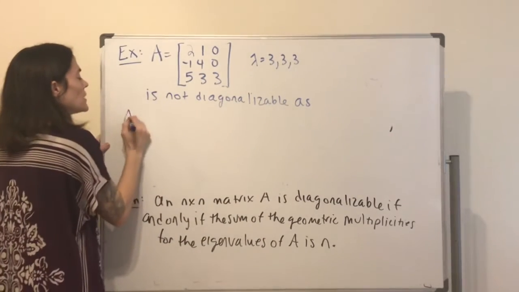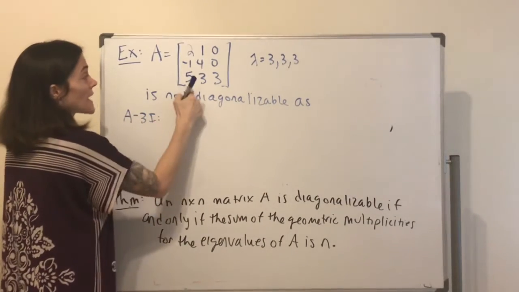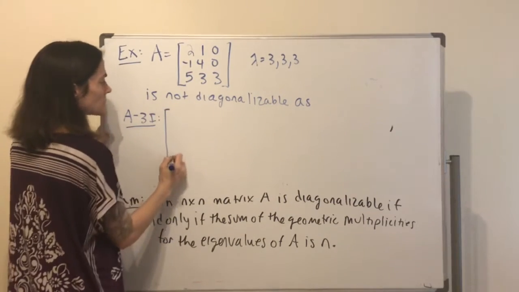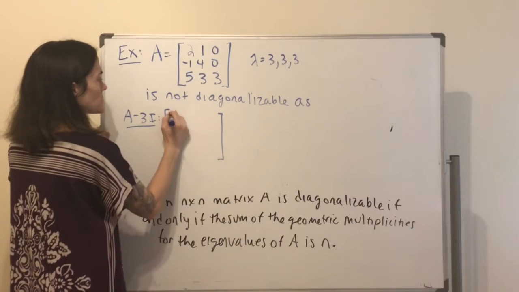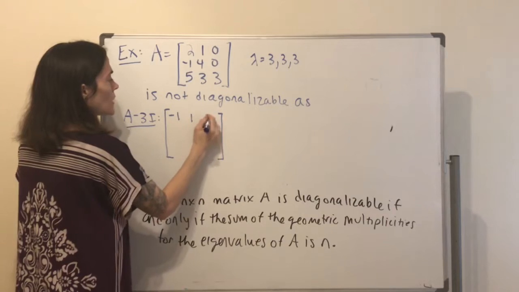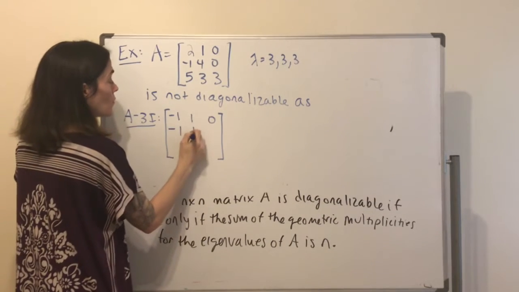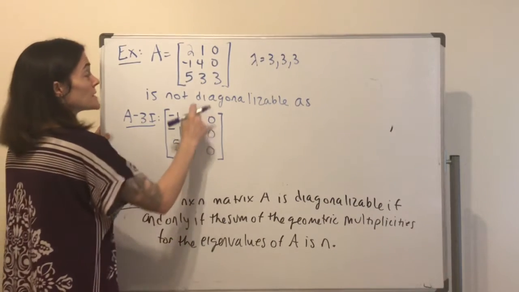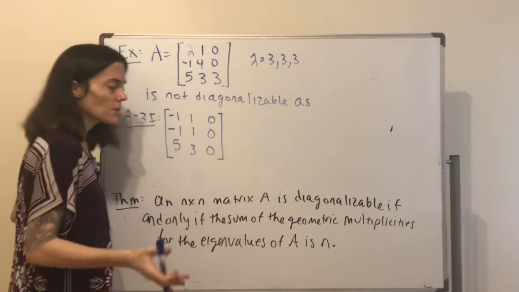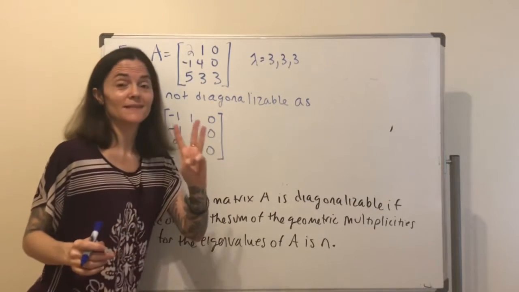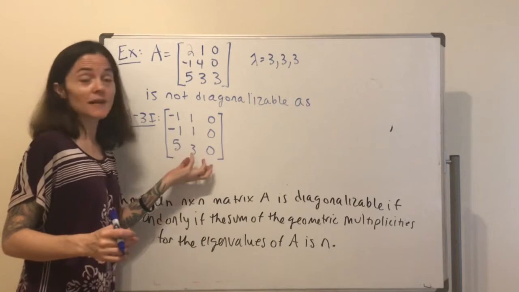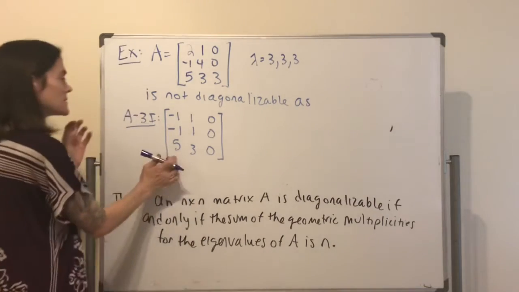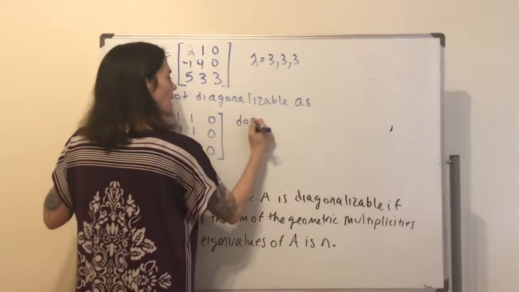This came from yesterday, computing the characteristic polynomial. But if we look at this matrix, A minus 3I, it's this: minus 1, 1, 0, minus 1, 1, 0, 5, 3, 0. In order for this matrix to be diagonalizable, we would need 3 linearly independent eigenvectors in the kernel of this matrix. That would say that the rank of the matrix would have to be 0. So this matrix does not have rank 0.